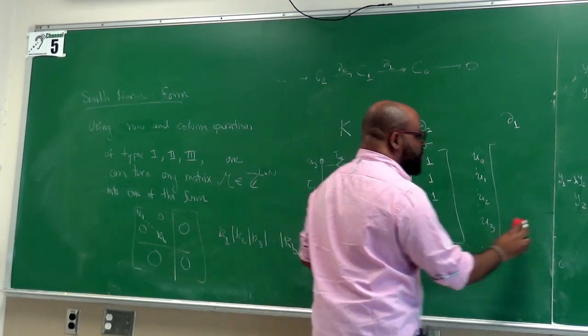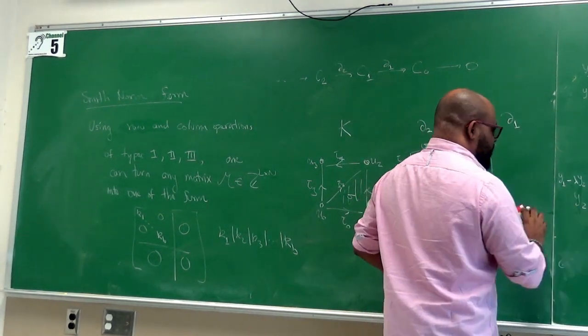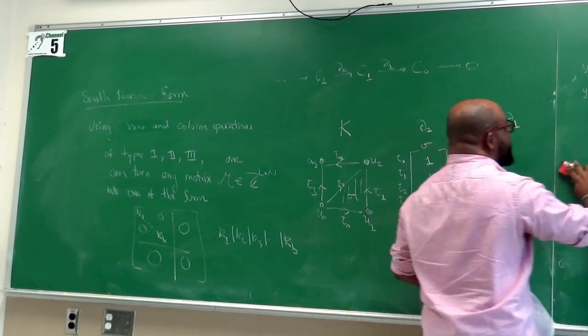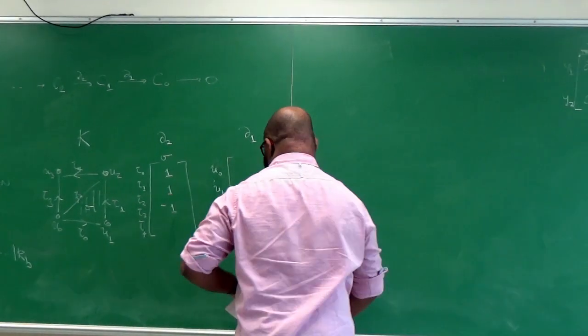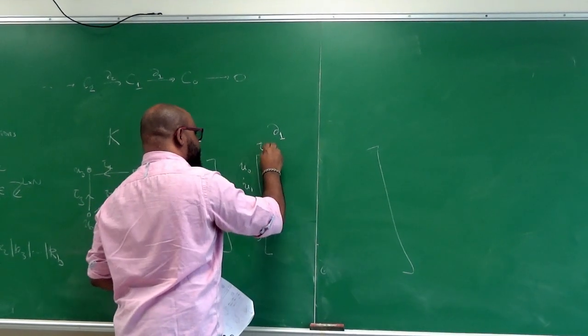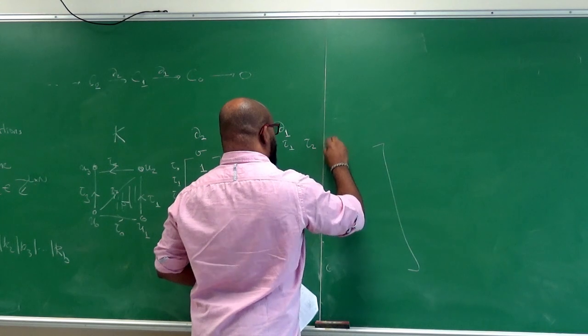And then here we have tau 0, tau 1, tau 2, tau 3 and tau 4.